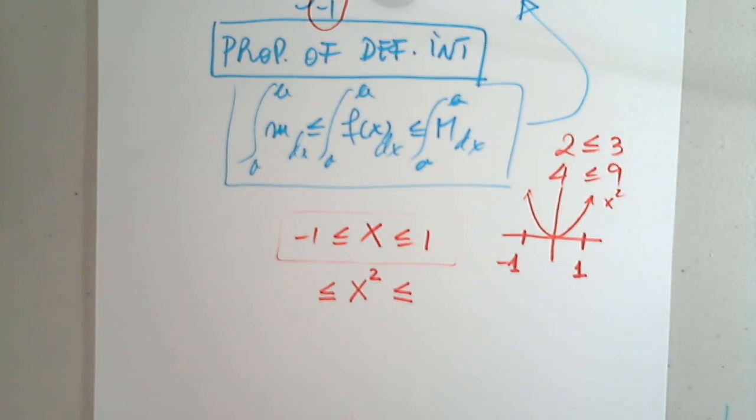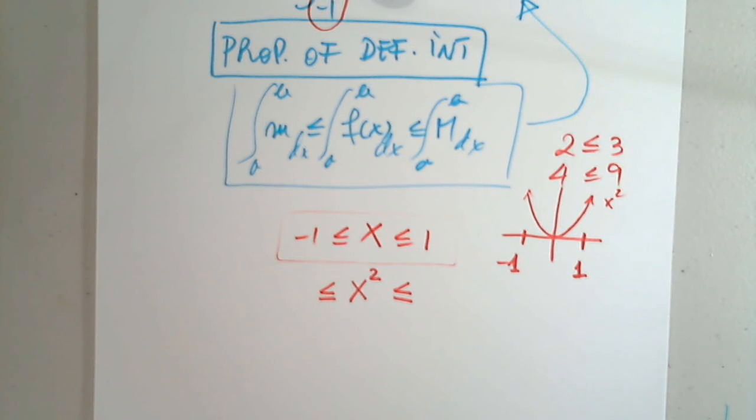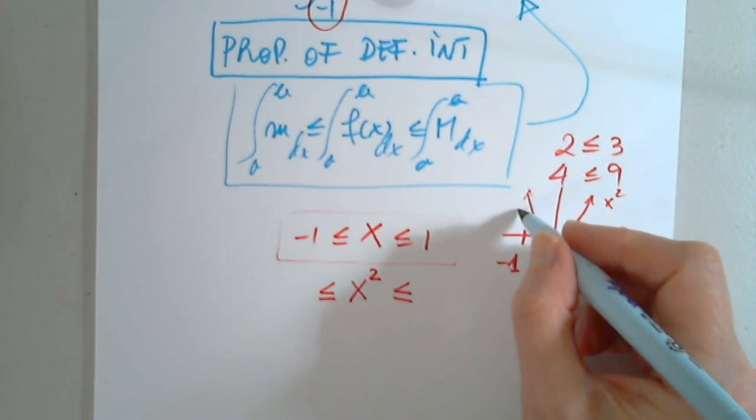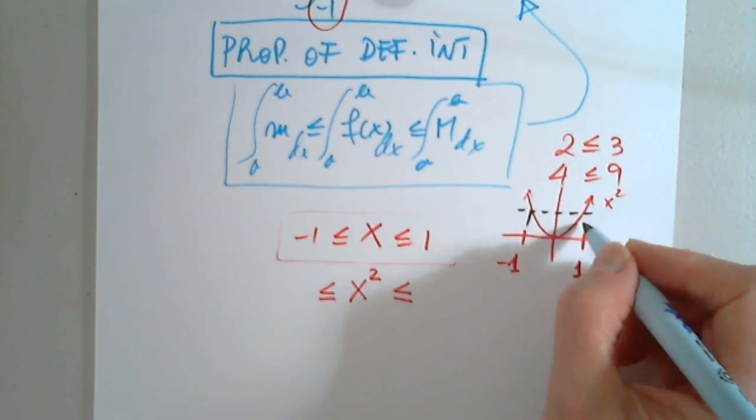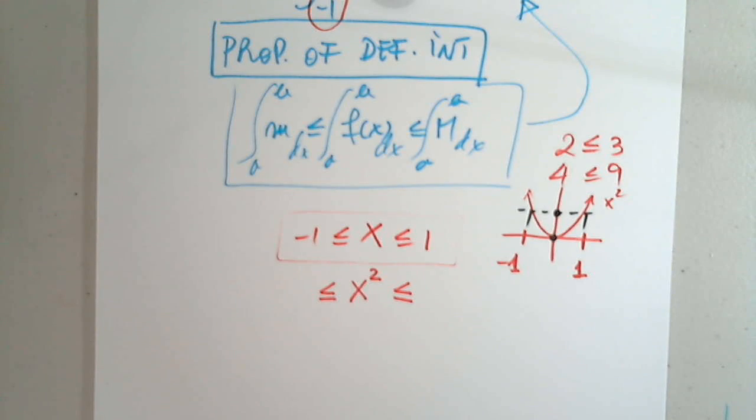What will be the values of x squared if x is between -1 and 1? They will be between what and what?